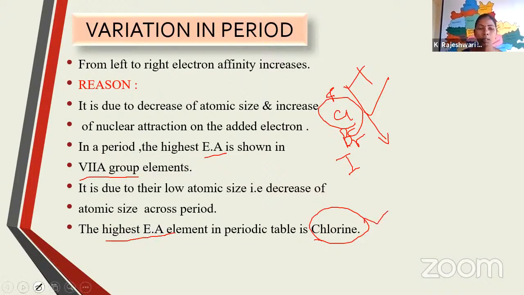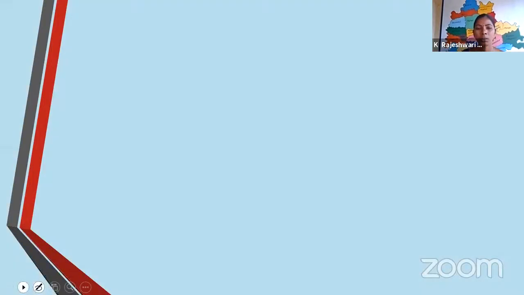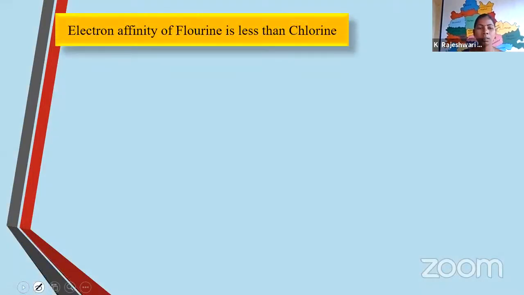Why? What is the reason? Now let us study here. This is a very important answer for your 2 marks VSQ question, asked from the IP point of view. Very important board exam 2 marks question. Why is the electron affinity of fluorine less than chlorine, or why is the electron affinity of chlorine more than fluorine?